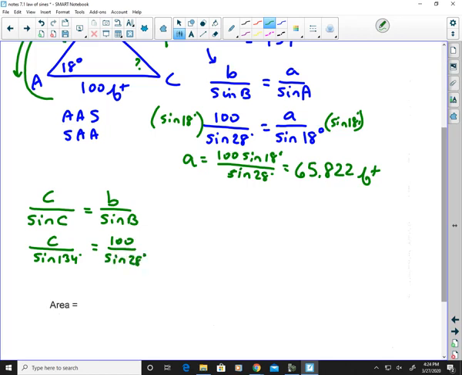So now multiplying both sides by sine of 134, dividing by sine of 28. It's always a good idea to pause things, see if you can find the answer.